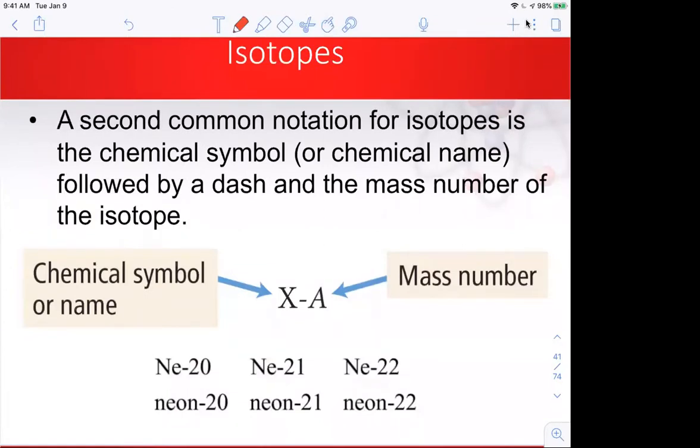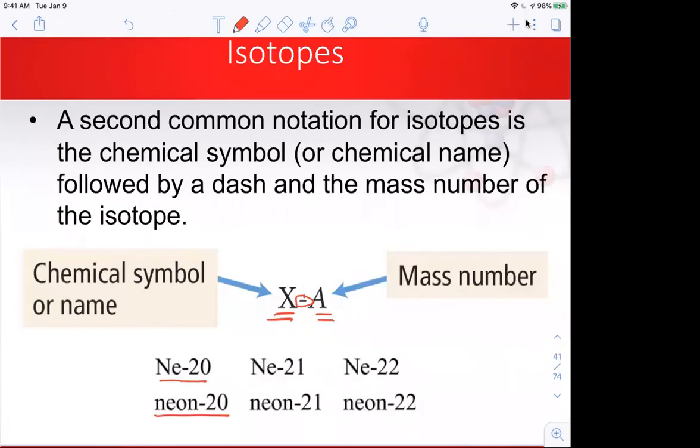A second common notation for isotopes is where I have the chemical symbol followed by a dash followed by the mass number. So I could have the 3 isotopes of neon being read as Ne-20 or neon 20.